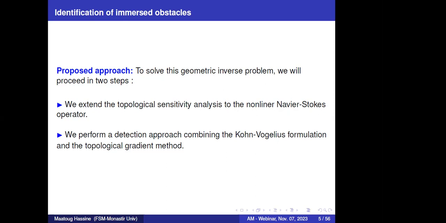In the first one, we will extend the topological sensitivity notion to the nonlinear case. We will derive a topological sensitivity analysis for the full nonlinear Navier-Stokes operator. And in the second step, we will perform a detection approach combining the convolution formulation and the topological gradient method.